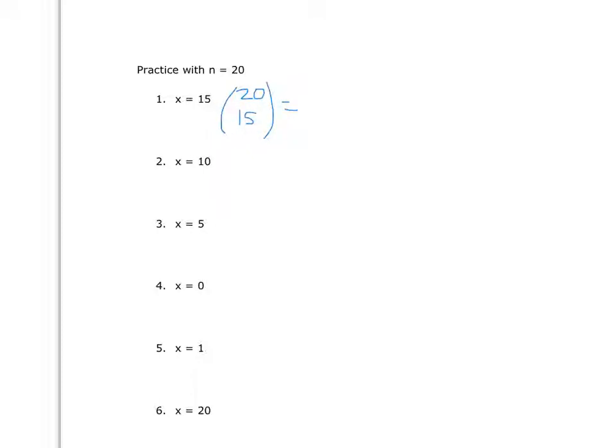Now, if you have the combination function that looks like this on your calculator, the r is taking the place of the x, and so what you would plug in is first the 20, and then you would select that button or select that item from your menu, and then you would put in the x number, or what they're using for r, and then hit the equal sign.